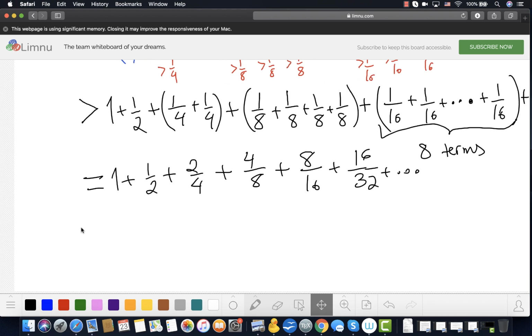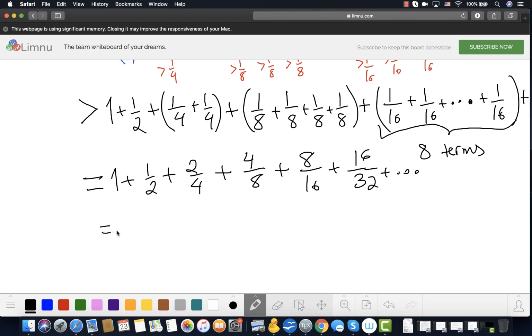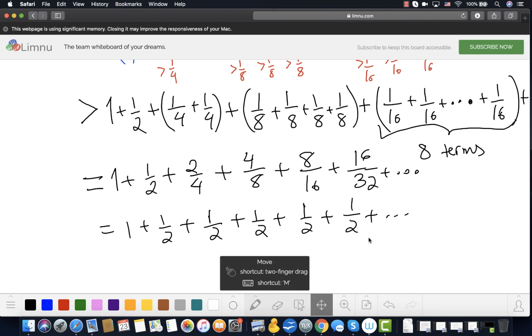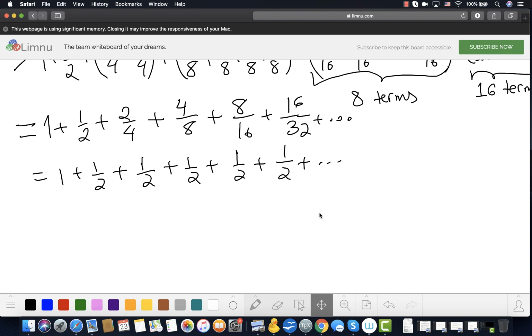Okay, well, what is this? This is just 1 plus a half. This is also a half. 2 divided by 4 is a half. 4 divided by 8 is a half. 8 divided by 16 is a half. 16 divided by 32 is a half, and so on. But this last series, I'm just adding a bunch of halves.